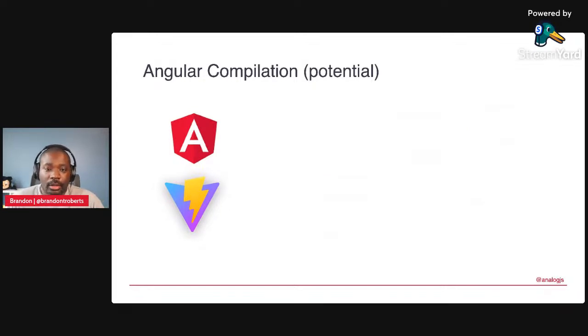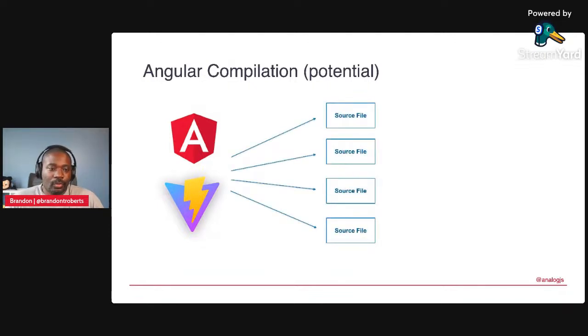One good thing about this is that the Angular team is also thinking about this potential. As mentioned with the ES-Build browser, based on where that goes, we could end up with Angular compilation having some form of single file compilation.